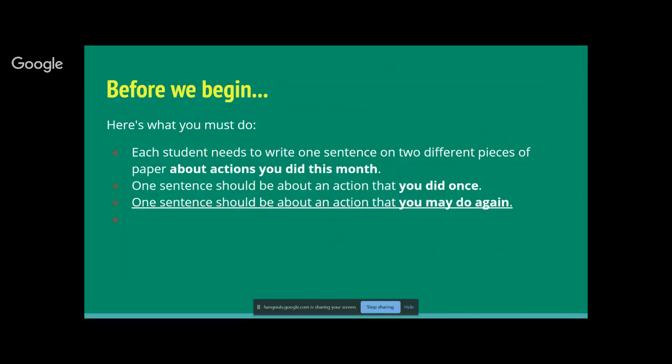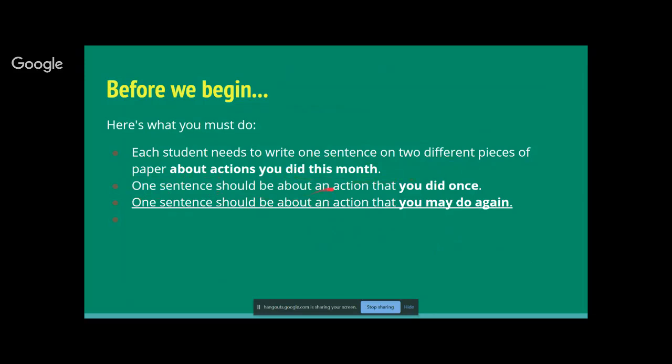All right. So to start, you and your partners, if you have partners with you, need to write one sentence on two different pieces of paper. So two sentences total. And these are about actions you did this month.